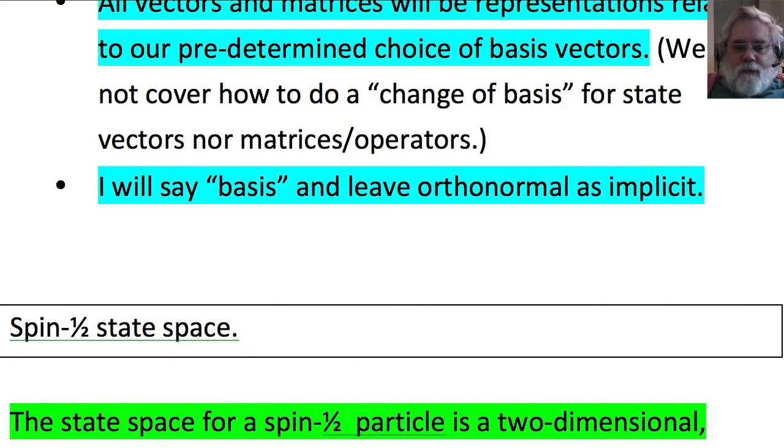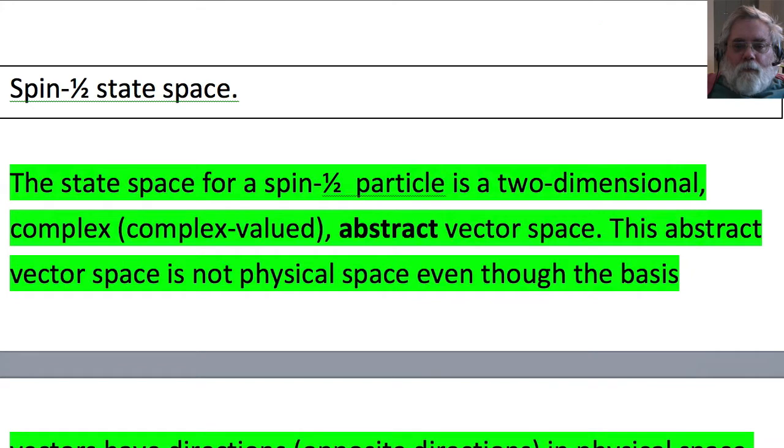Spin 1/2 state space. The state space for a spin 1/2 particle is a two-dimensional, complex-valued, abstract vector space. Now that's true of all two-state systems.